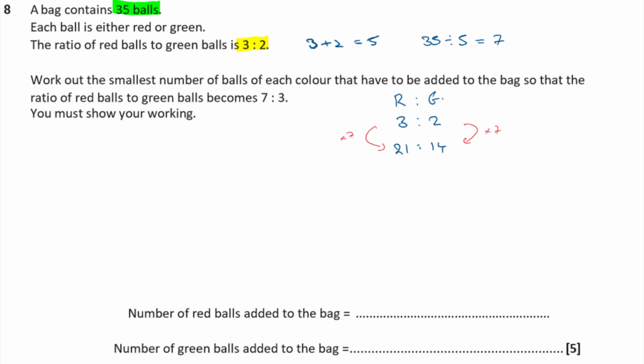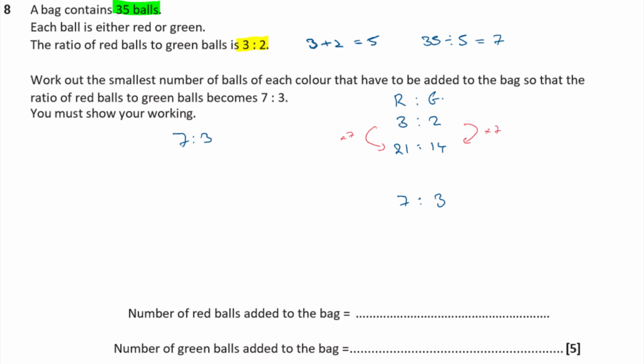Now we need to work out the smallest number of balls of each colour that have to be added to the bag so that the ratio of red balls to green balls becomes 7:3. Okay, so now we need to take our 21 red balls and 14 green balls and add a few red and green ones to it so that the new ratio becomes 7:3, doesn't it?